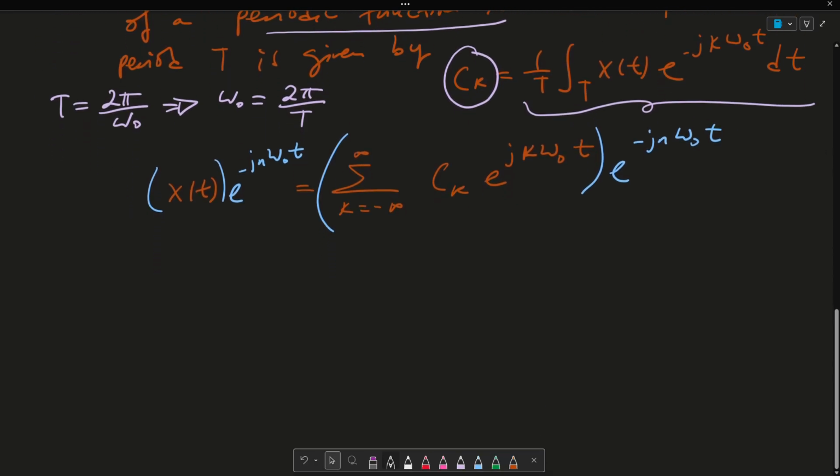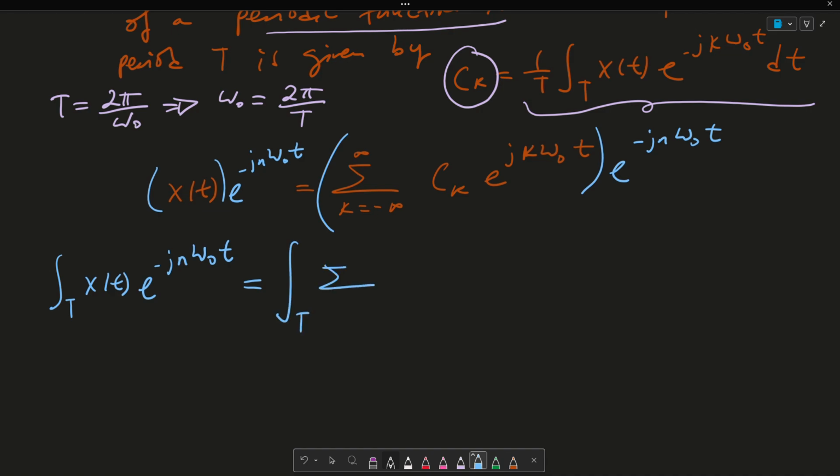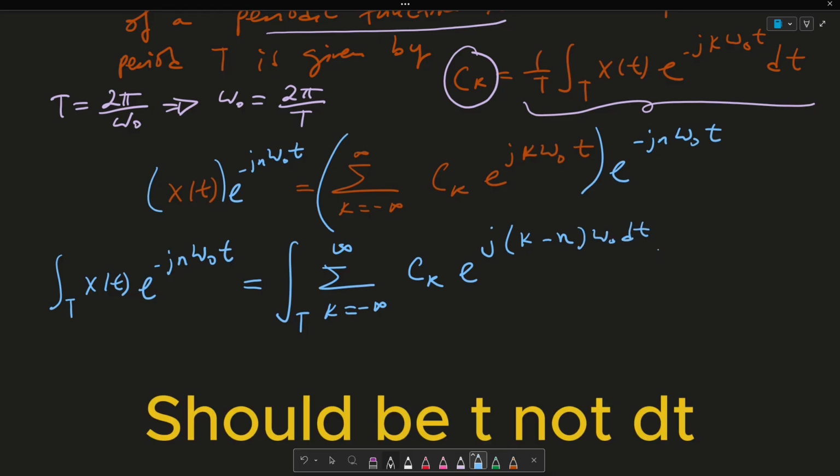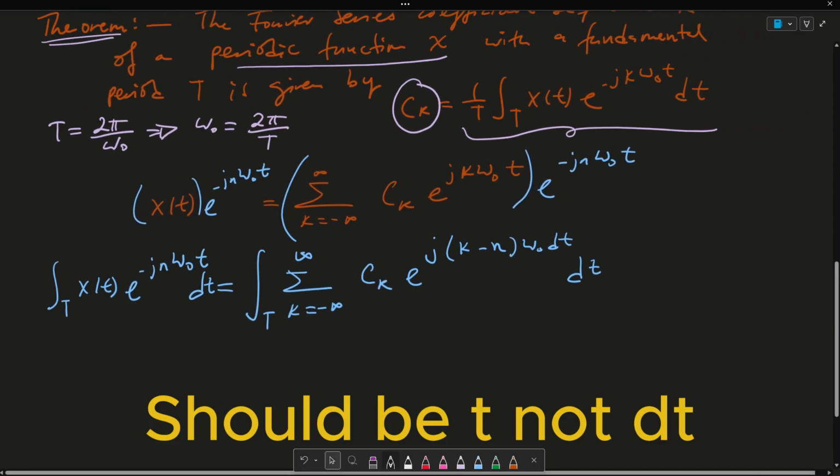Then I'm going to take the integral on both sides, over the period. So the integral over the period T of x of t e to the negative j n omega naught t is simply equal to the integral from 0 to T of the sum, k equals negative infinity to infinity, of ck e to the j, I can do k minus n here, omega naught t, times dt. And there's a dt here as well. Okay.